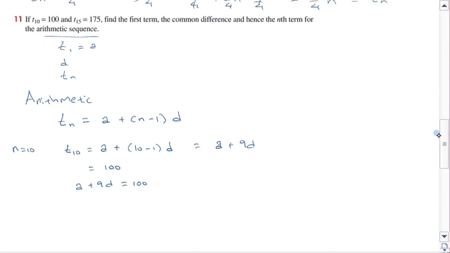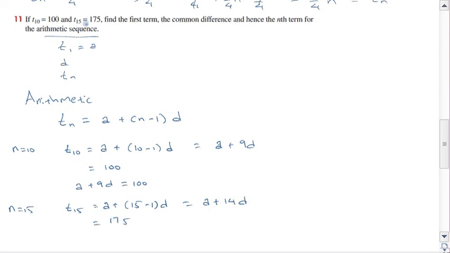Now we were also told about T15, so when n is equal to 15, T15 is equal to a plus 15 minus 1 times d. Right, we can simplify that. 15 minus 1 is 14, so that's just a plus 14d. And again, we know that this is equal to 175.